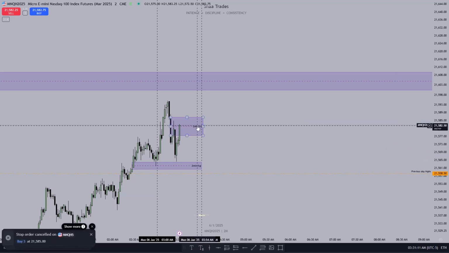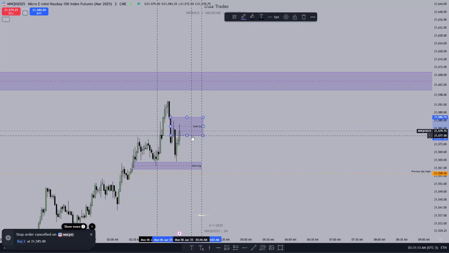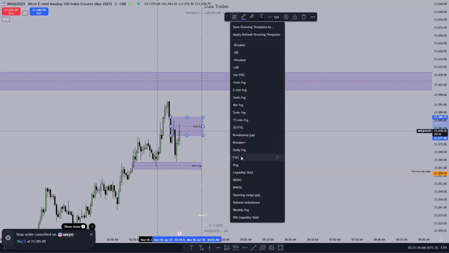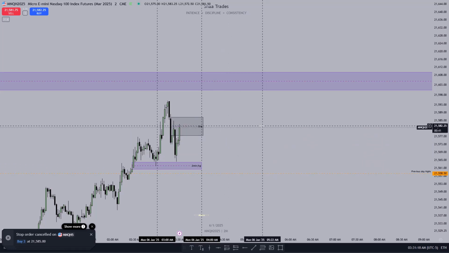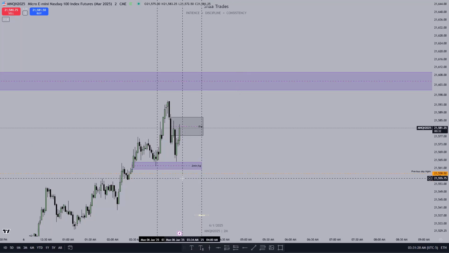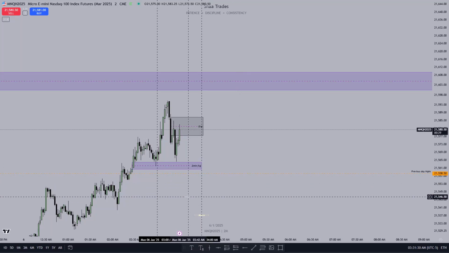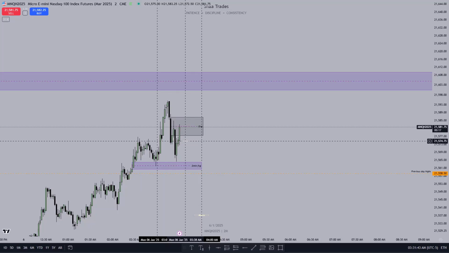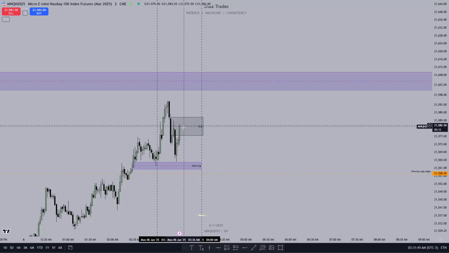I'm gonna cut that, and then I'm gonna look for this to be the inversion. Because if we're looking for sells, we don't want price to come back towards this.